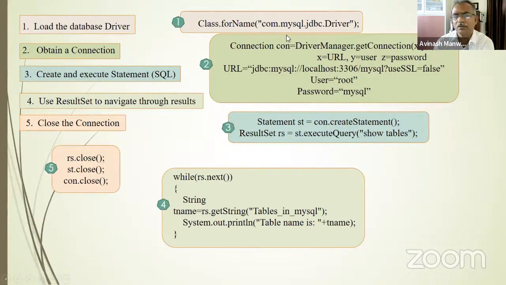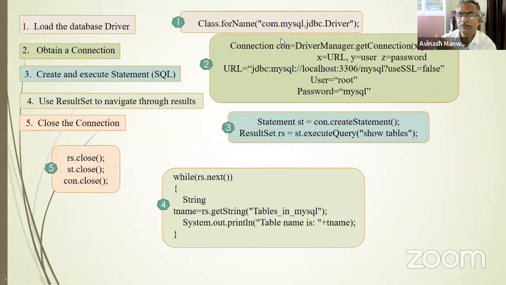And if you are using MySQL, we are considering MySQL as the database here, because MySQL is very light to use, and it gives almost everything which a heavyweight database also provides. So this is the name which you need to specify while registering your MySQL driver.